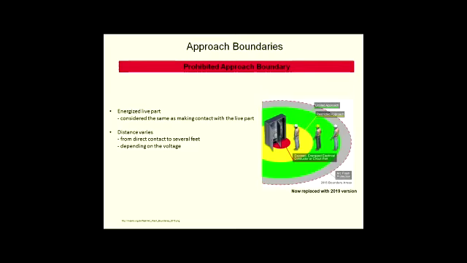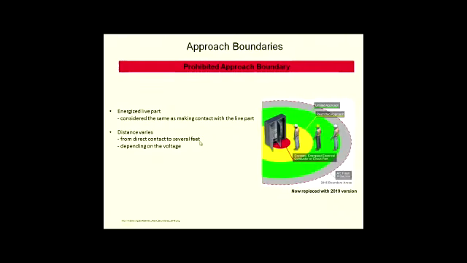This is considered to be the same as making contact with the live part. So when you're this close, it's basically as if you were touching the live wires. Distance varies from direct contact to several feet, depending on the voltage or the power that the arc flash can deliver.